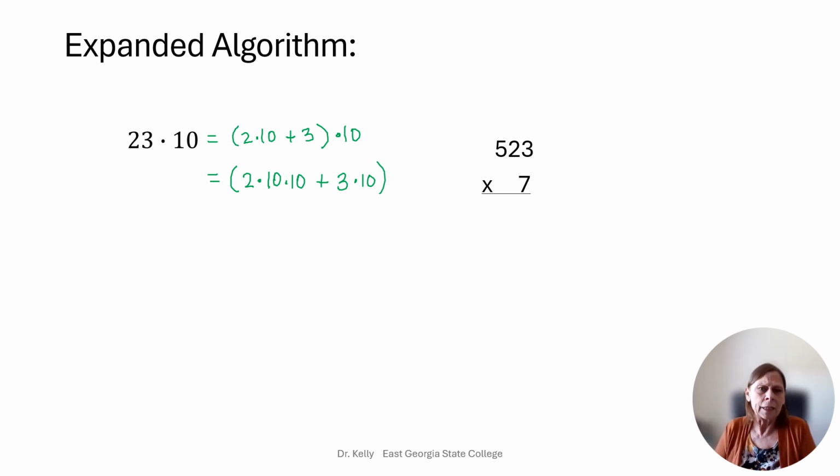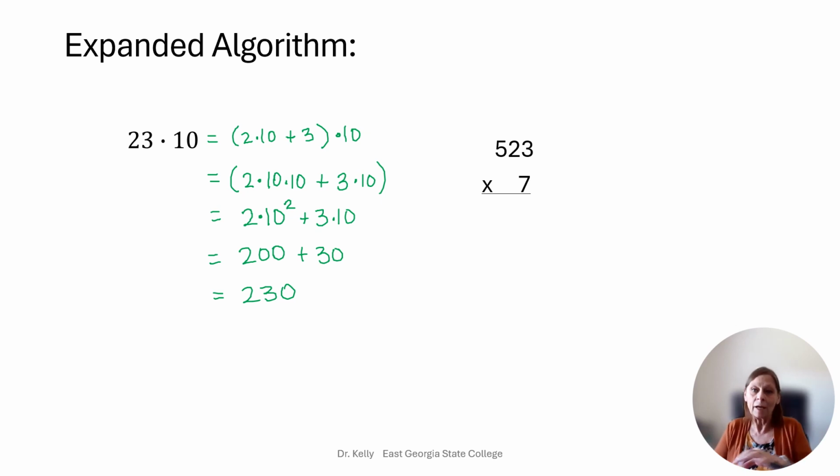And then we're going to clean this up a little bit because that is now 2 times 10 squared, because we learned about our exponents, plus 3 times 10. And then if we wanted to finish this up, we could say 200 plus 30 is equal to 230.